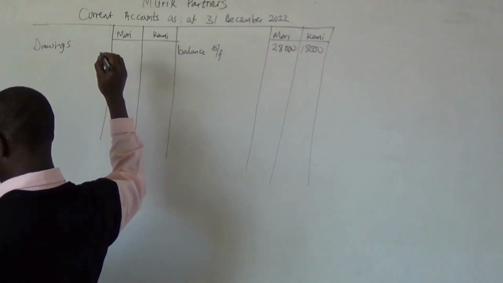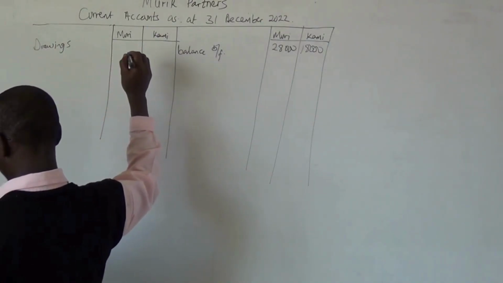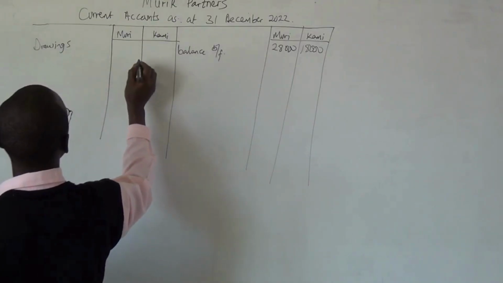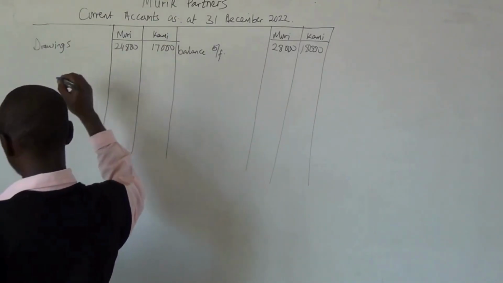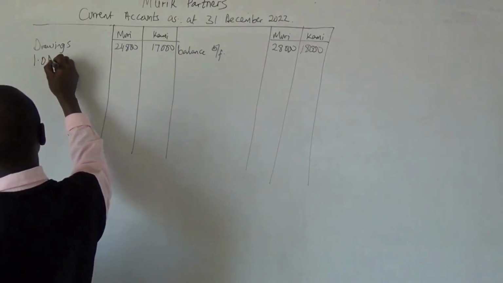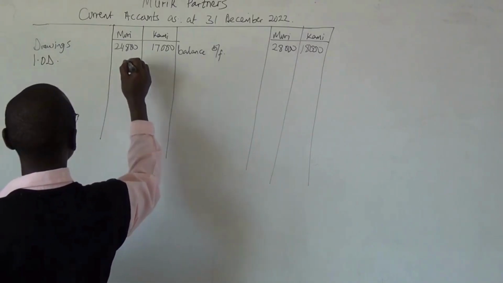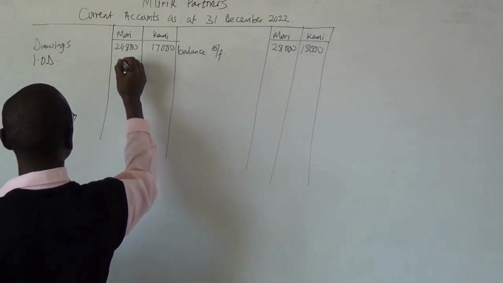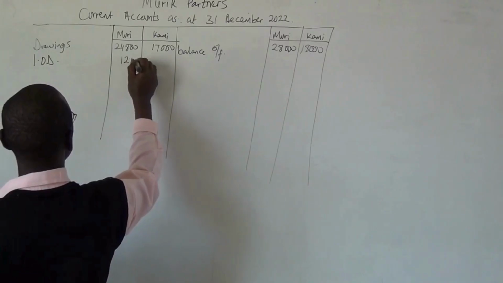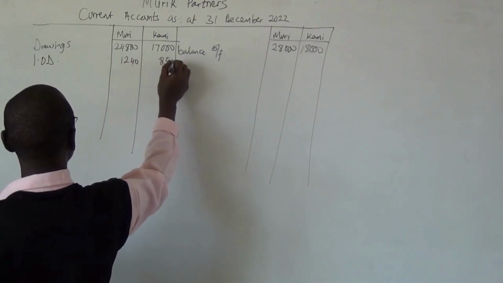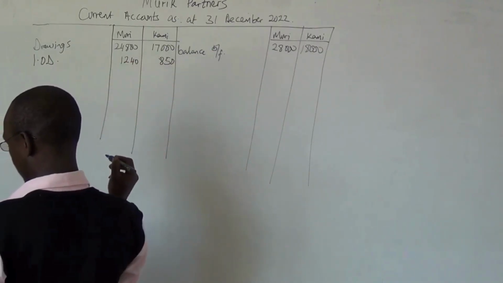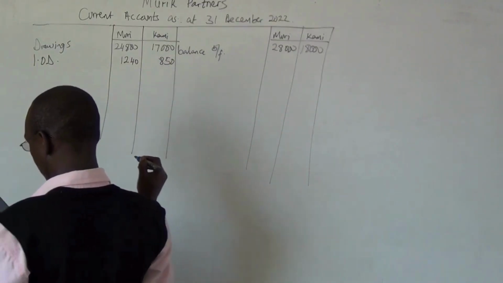Drawings for Muri it was 24,800. Then we have the interest on drawings. Interest on drawings 1240 and 850. Then interest on capital.